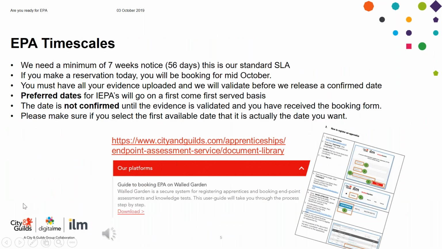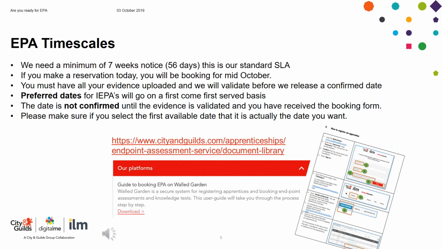EPA timescales. We need a minimum of 7 weeks notice. If you are making a booking request today, you'll be making a booking for the end of November, subject to validity evidence for gateway being validated.